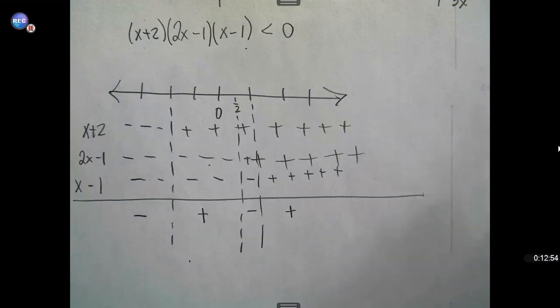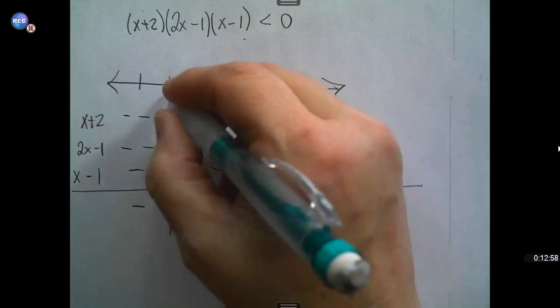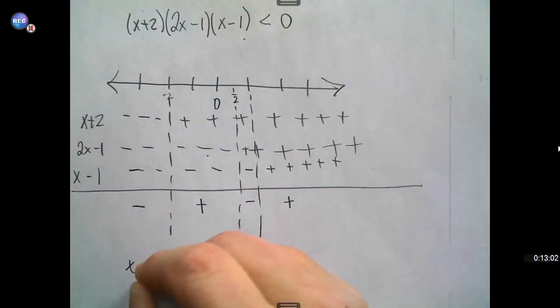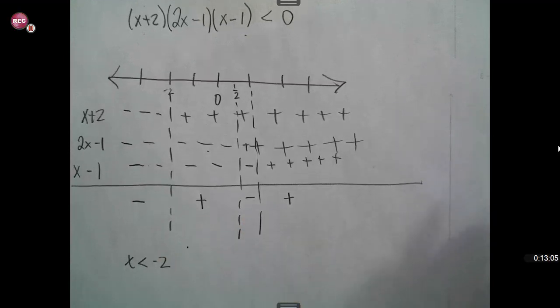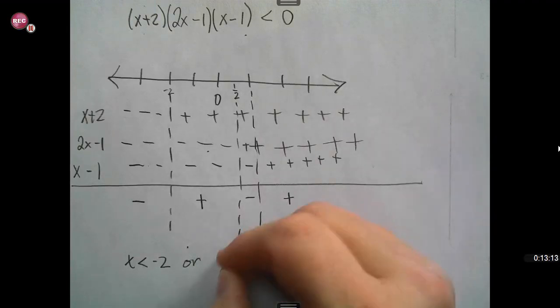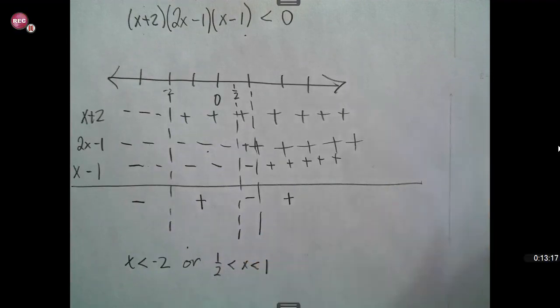And to write the inequality, I would write this is at -2, so x is less than -2, strictly less than because it doesn't say less than or equal to 0, so strictly less than, and or 1/2 is less than x is less than 1, and again, no or equal to because it's strictly less than, it's not equal to 0.